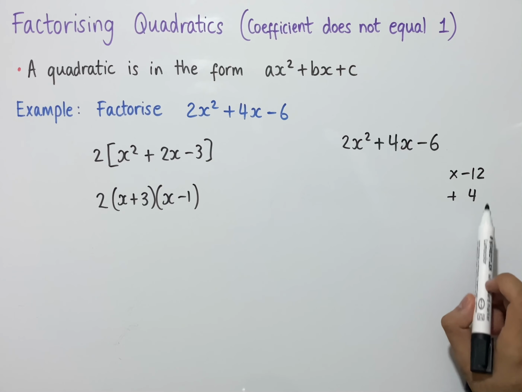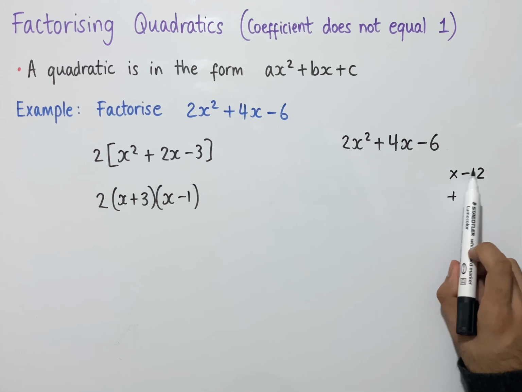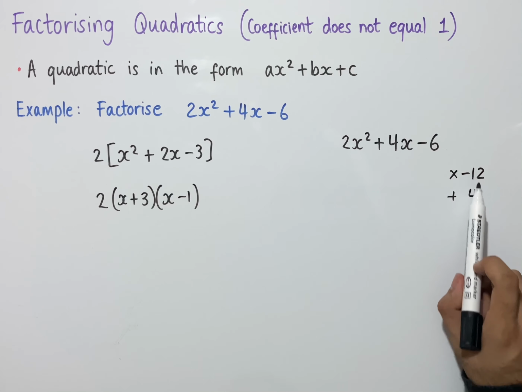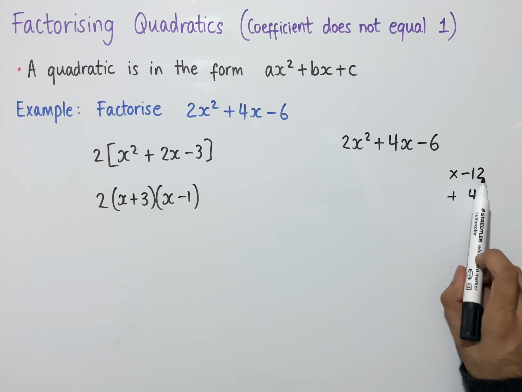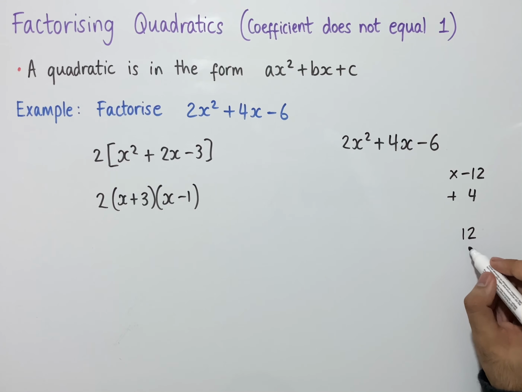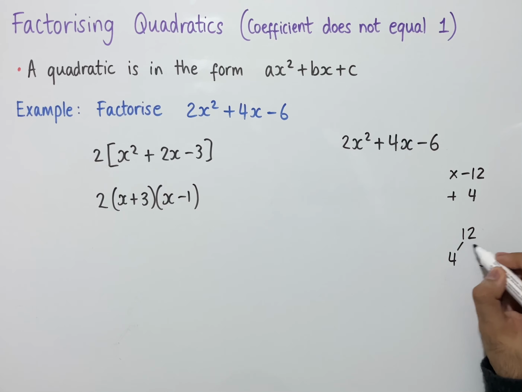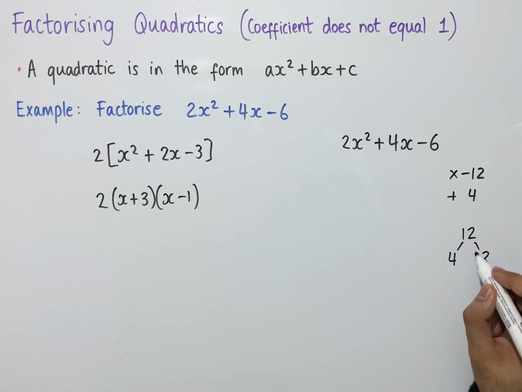A method we can use to find those two numbers is to look at the factors of the number we're trying to multiply to get. In this case, we're trying to get minus 12, so let's take the positive of that for now. We're looking for factors of 12. 4 and 3 are factors which multiply together to give 12.